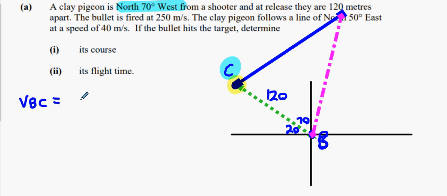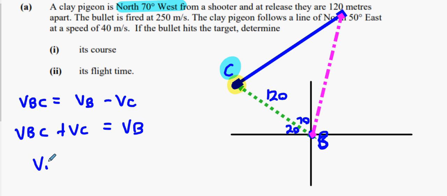This phi B minus phi C. And what can we do next, lads? Phi BC plus phi C equals phi B. Phi B equals phi BC plus phi C. Pause it there.